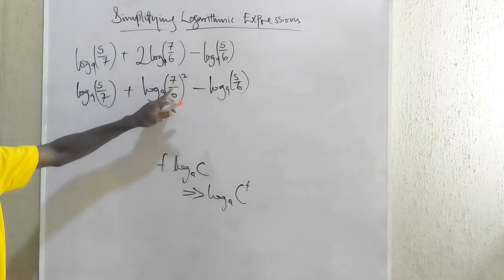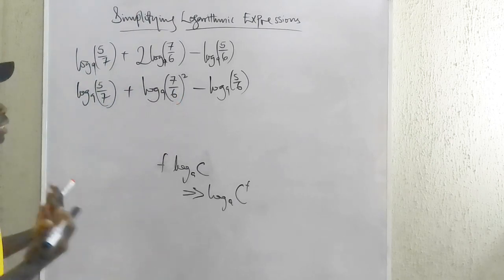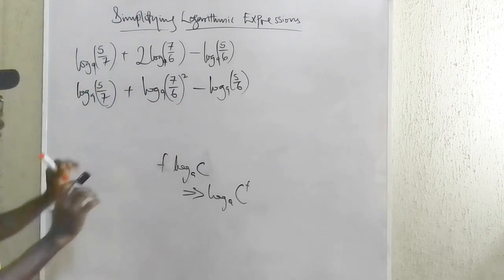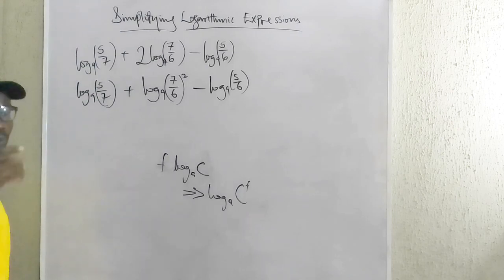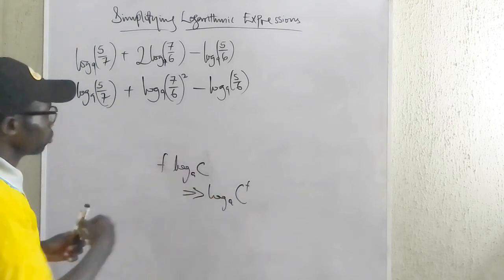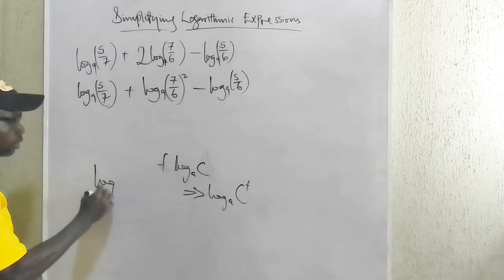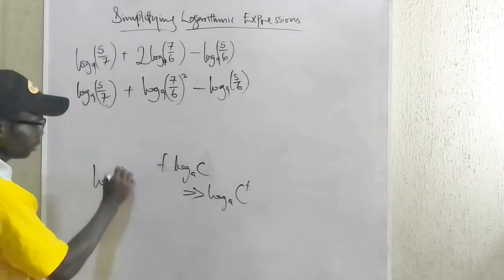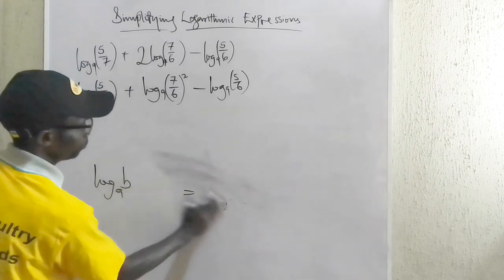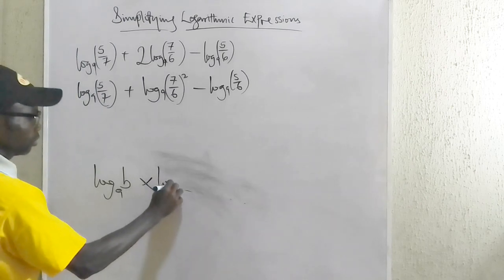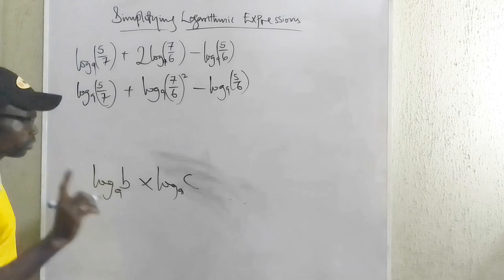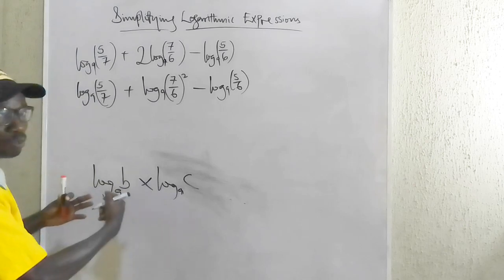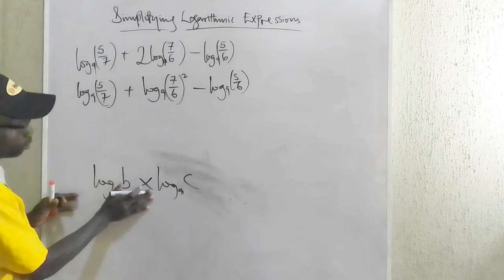Now from here, what do we do? This appears twice. We can decide to let it be for now and then follow the next rule. The product rule goes this way: log a b, times log a c. The law states that you can bring the two of them together.